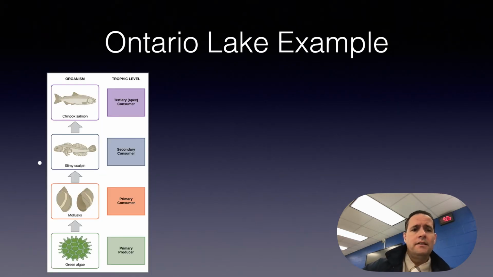All right, here's an example, just looking at one small little food chain in Lake Ontario. Lake Ontario is a great lake, bordering the United States and Canada. In many ecosystems, the bottom of the food chain consists of photosynthetic organisms like plants or phytoplankton.